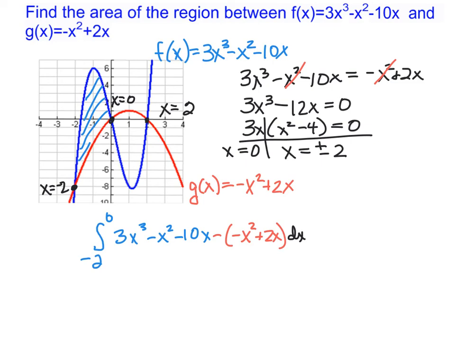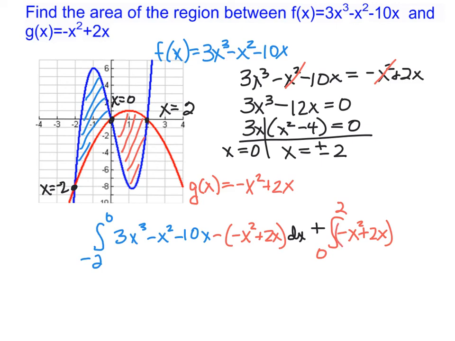But then I want to continue finding the area between the two curves, so this time I'm going to color this part in red because there's some more area between the two curves. That antiderivative is going to start at 0 and go to 2. This time the red curve is on top, so negative x squared plus 2x.